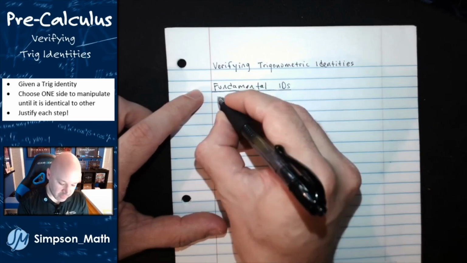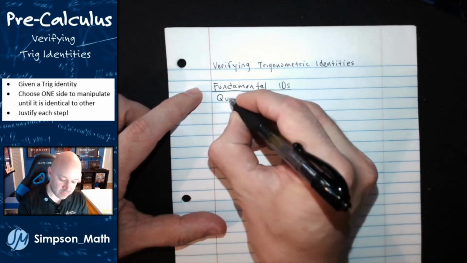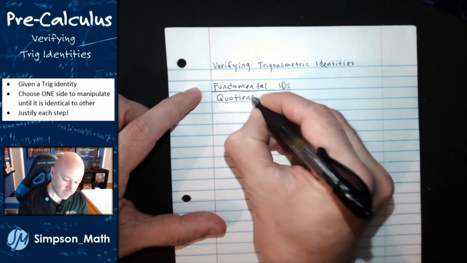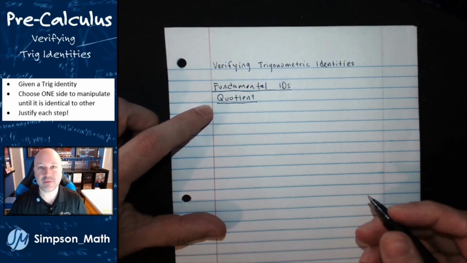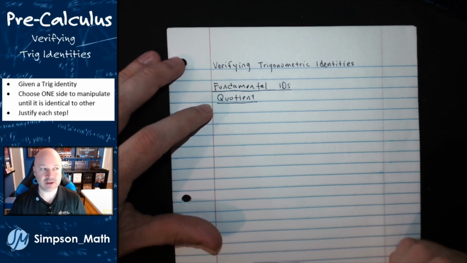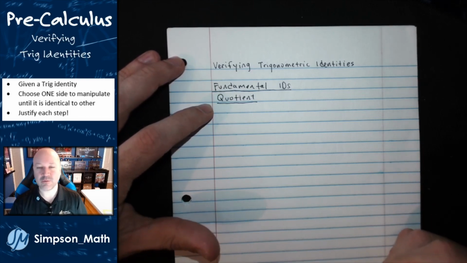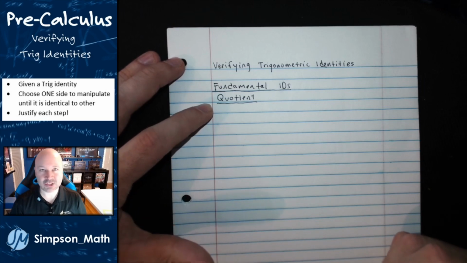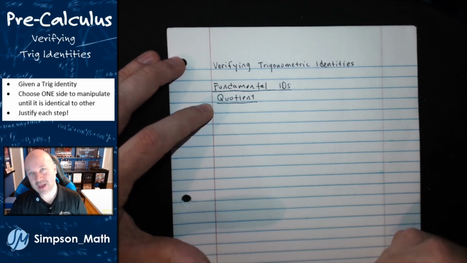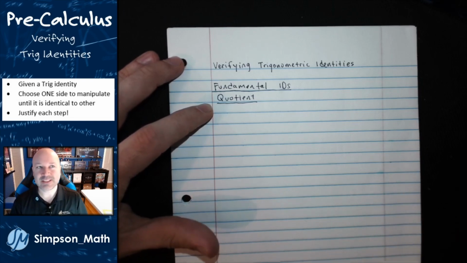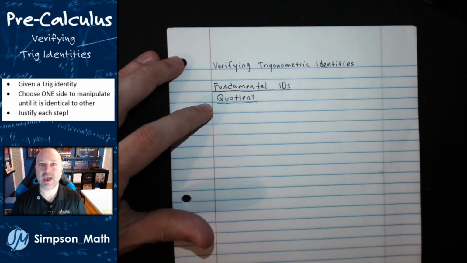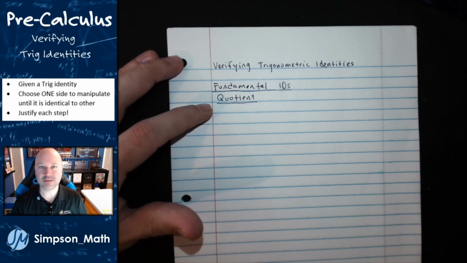So we started off with the quotient identities. These came directly from the definition. We said sine was y over r, cosine was x over r, tangent was y over x. If we put sine on top of cosine, we can reduce the r variable and come up with y over x, which is just tangent.